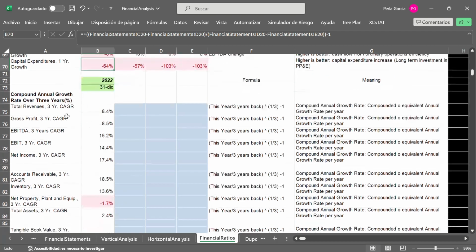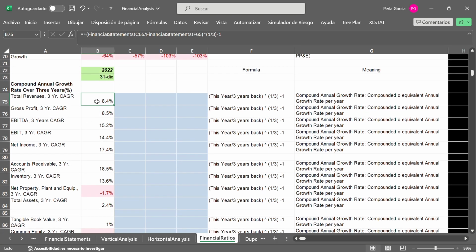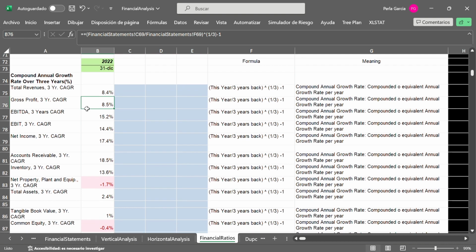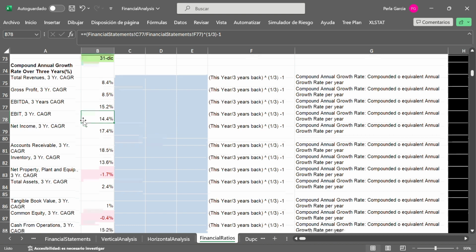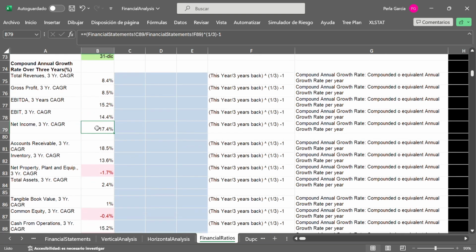So here we can see that in all of this the situation increased, and the total revenue in 3 years increased 8.4%, the gross profit increased 8.5%, the EBITDA 15.2%, the EBIT 14.4%, and the net income 17.4%.